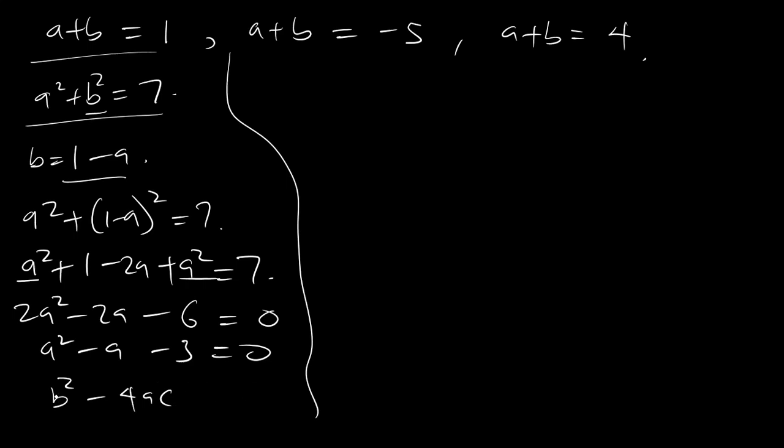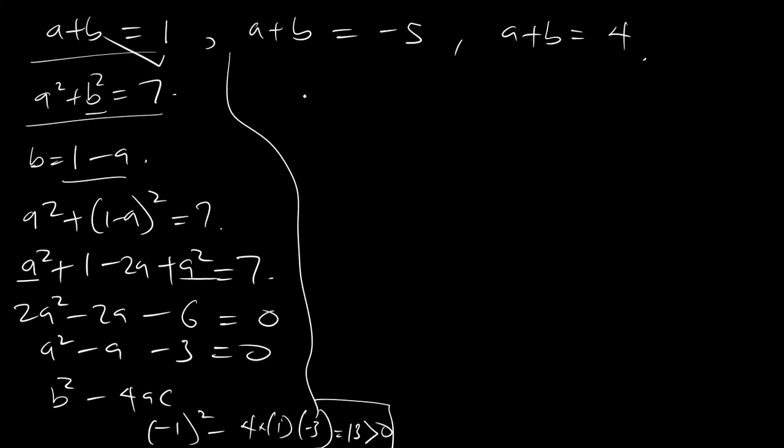So now let's check. You have b to be minus 1 square minus 4 times 1 times minus 3, which is c. So this one will give you plus 12 plus 1, so this is equal to 13. This is greater than 0, so that means this one is correct.